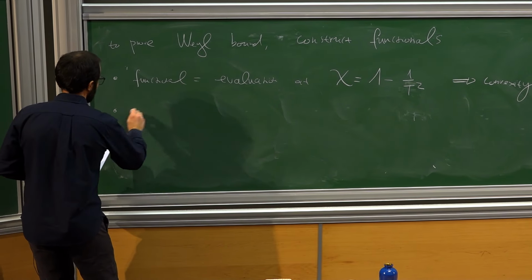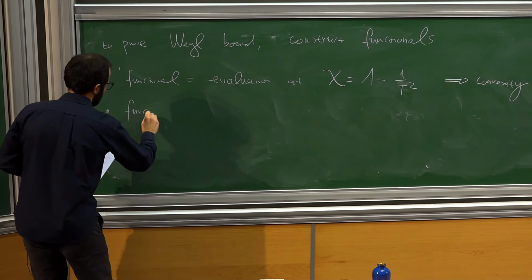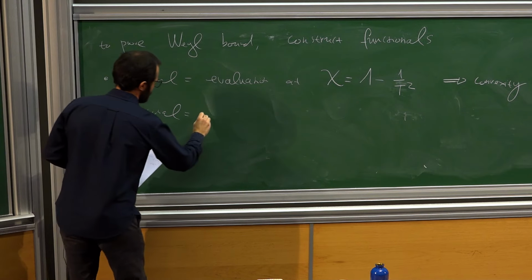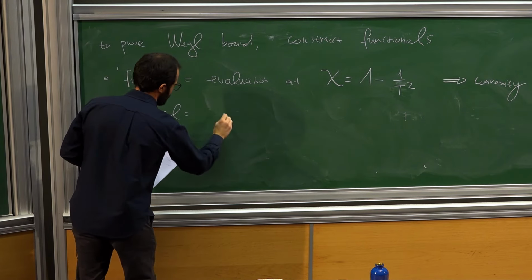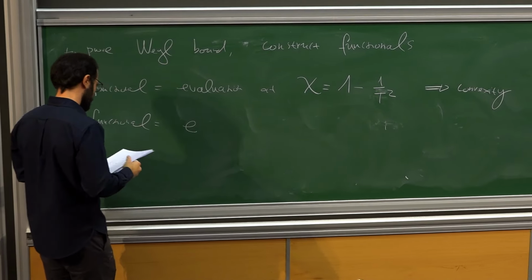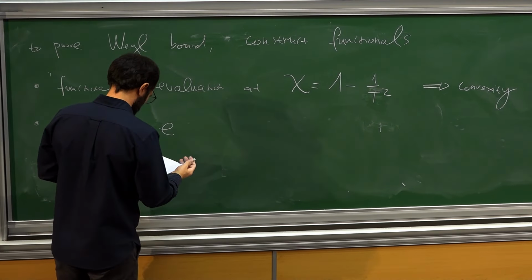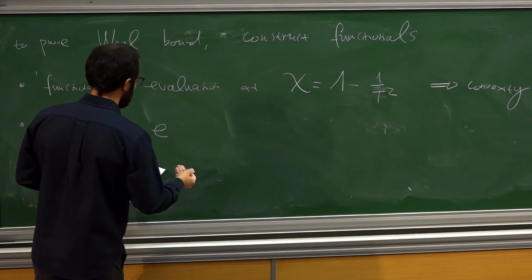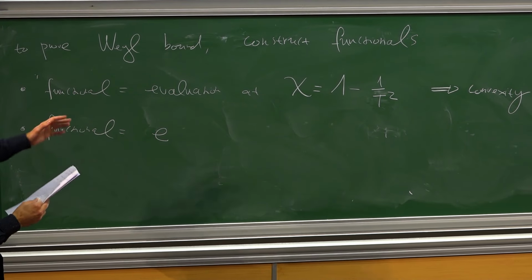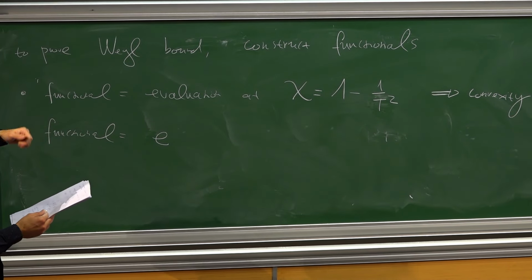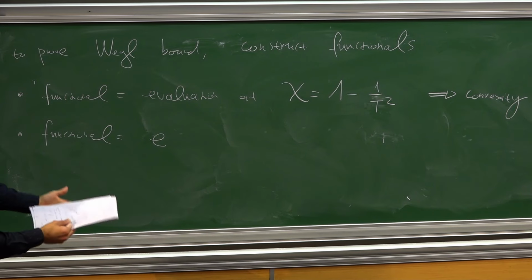And to get the Weyl bound, the functional is something slightly more complicated. It's a kind of Fourier transform. It basically uses the fact that in an appropriate limit, the conformal block just becomes an exponential, and then you can do Fourier analysis with this exponential.